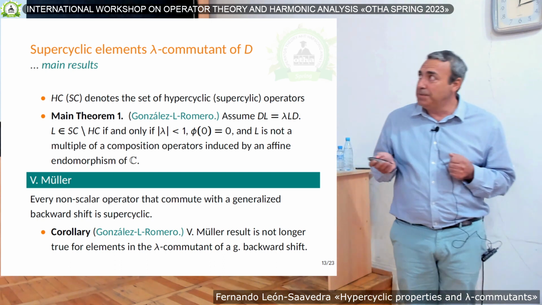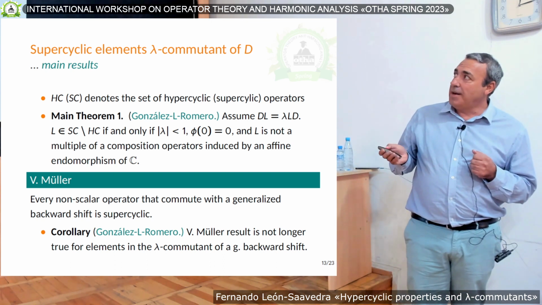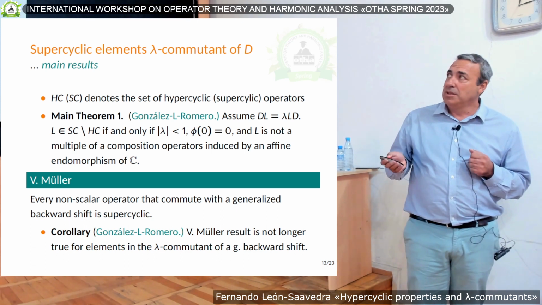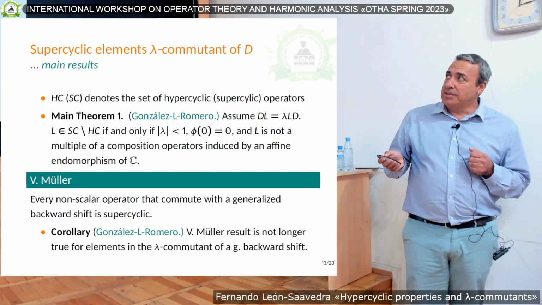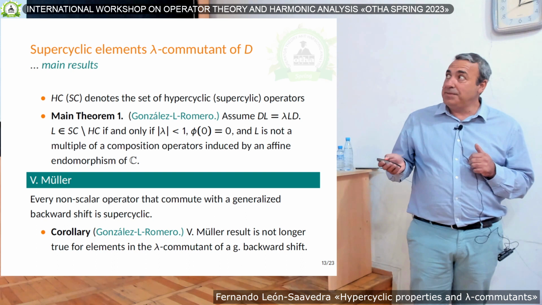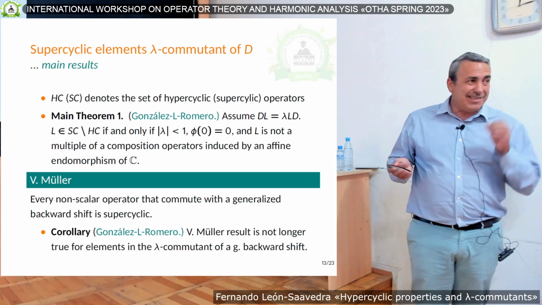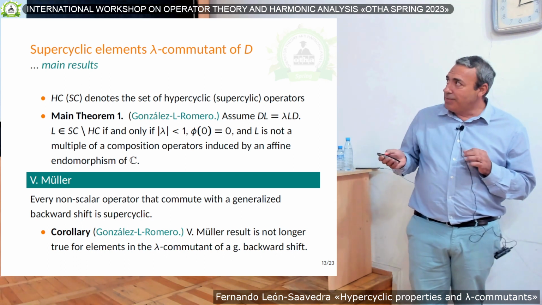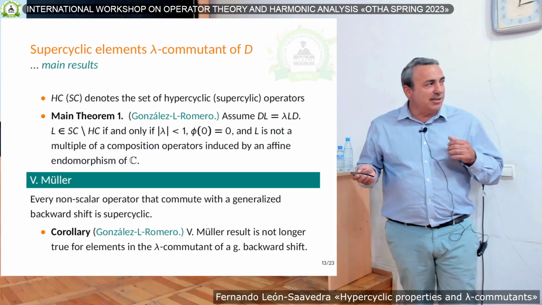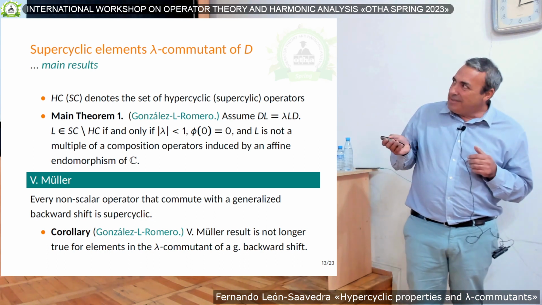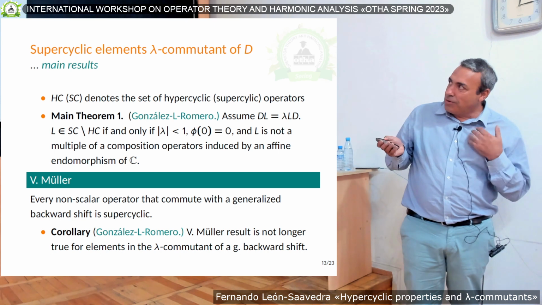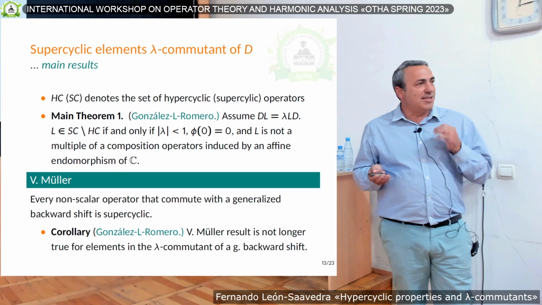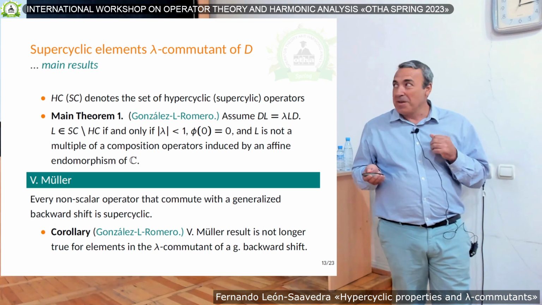We were able to prove that if we have a standard lambda eigenoperator of the differentiation operator, then the operator is supercyclic and not hypercyclic if and only if the modulus of lambda is strictly less than 1, L is not a multiple of a composition operator induced by an affine endomorphism, but much more. This condition was unexpected for us: phi of 0 must be 0. Why is it an unexpected condition?